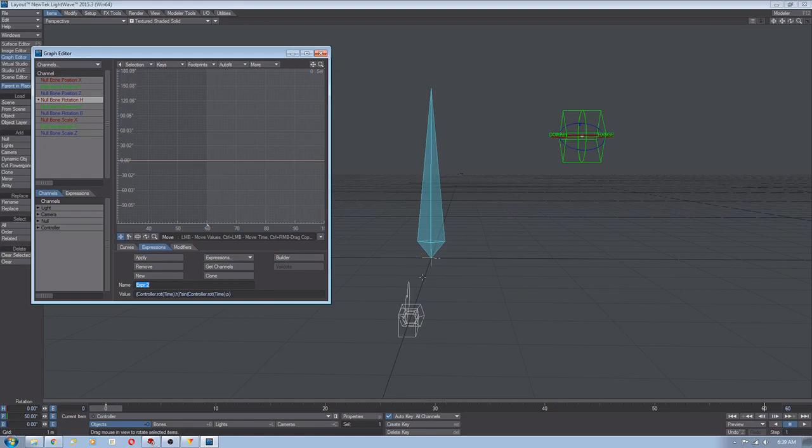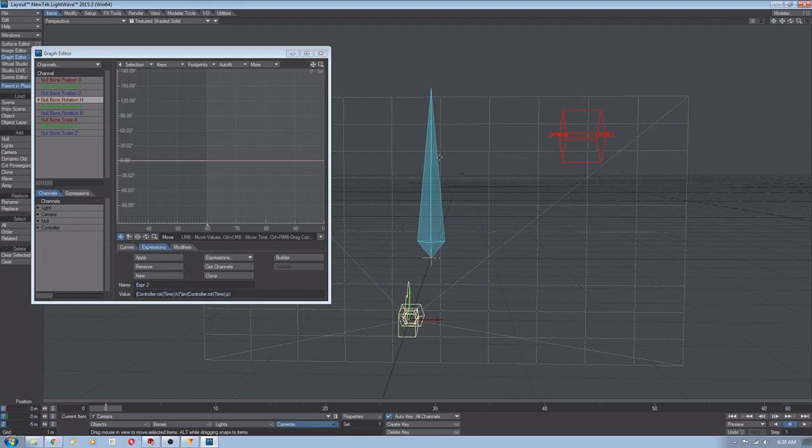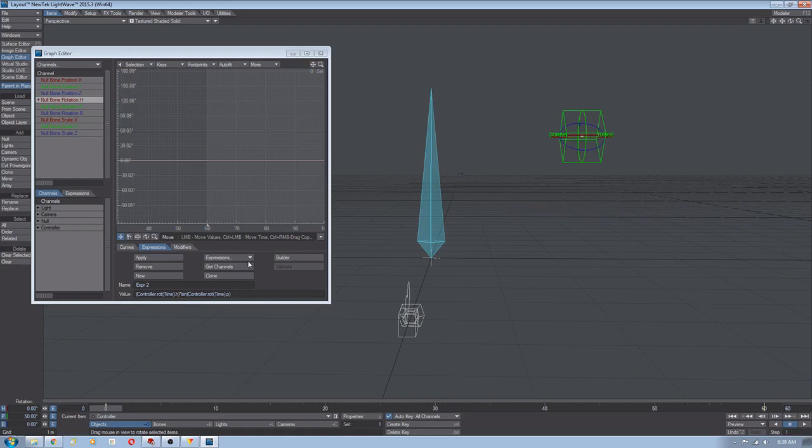Now, oops, don't want to do that. I've taken the value of the range, and I've assigned it to the heading channel of the controller here, but right now, since I've assigned it, it's equal to 0 because the controller is equal to 0.